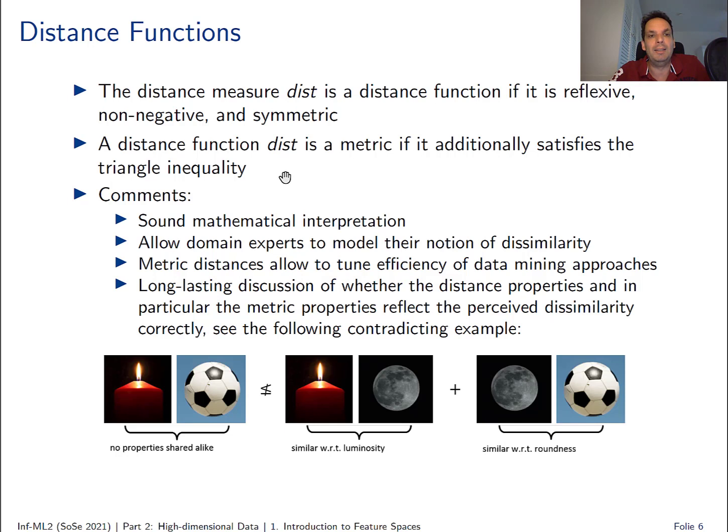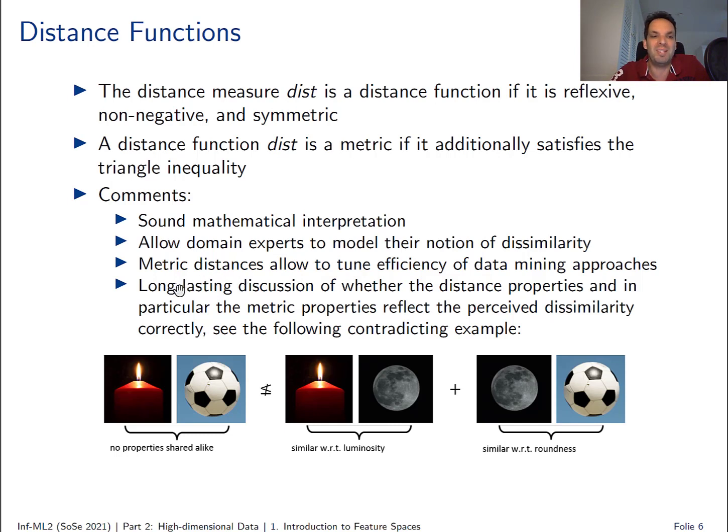Yeah, and the nice thing about metrics is that they have a sound mathematical interpretation and allow domain experts to model the notion of dissimilarity. Nice. Metric distances typically allow to tune efficiency of algorithms, actually. Yeah, so that is the real reason why people pretty often care about metrics, metric spaces, or metric distance functions.